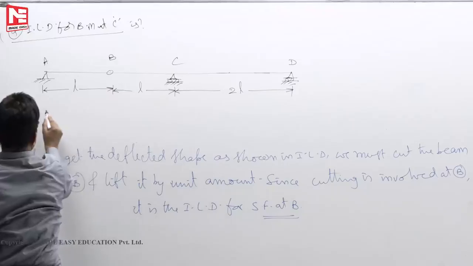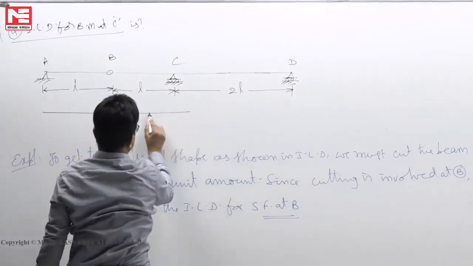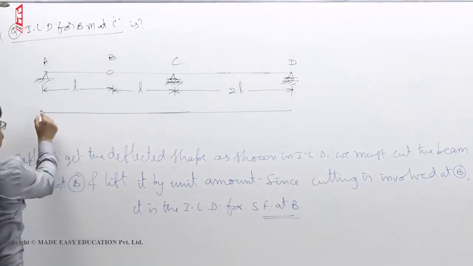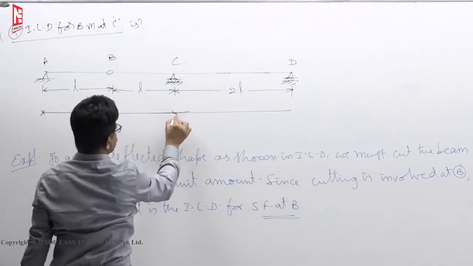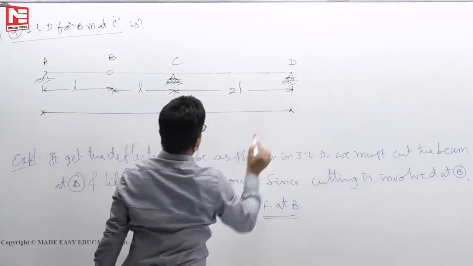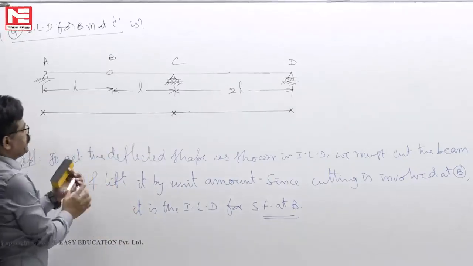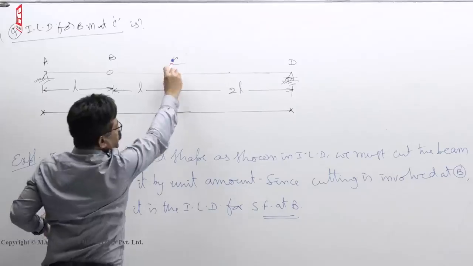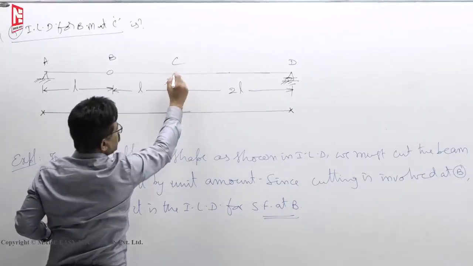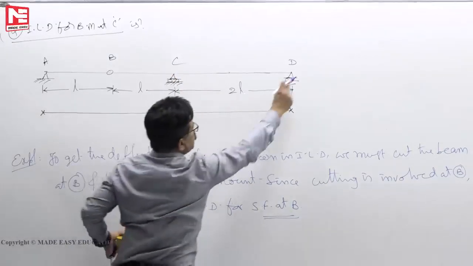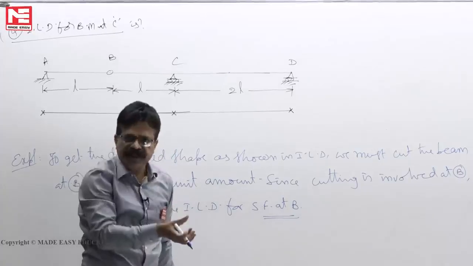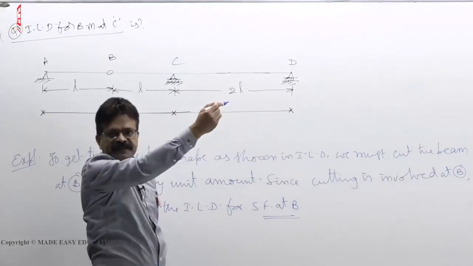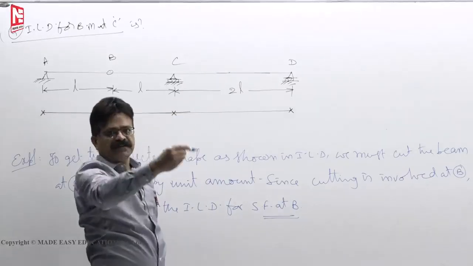In case they ask, we will draw like this. What is the process? Without removing the supports at A, C and D, you have to assume an imaginary hinge at C and apply unit rotation. As in the earlier problem, if you try to rotate clockwise after assuming a hinge, this will not rotate, because it will bend like a simply supported beam deflection. A curved beam you will get, so not possible.